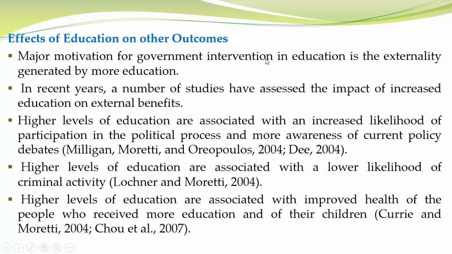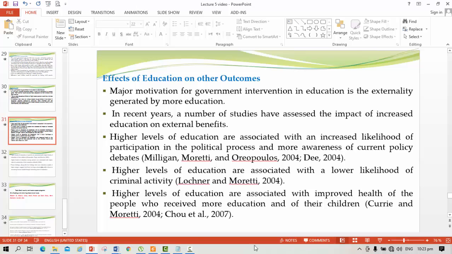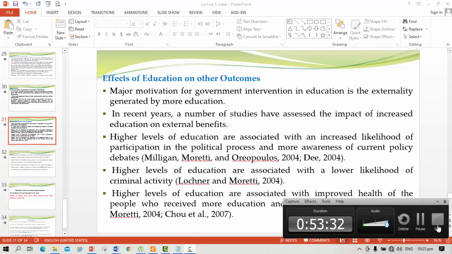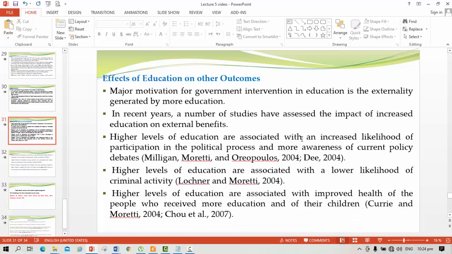Effects of education on other outcomes. A major motivation for government intervention in education is the externality generated by more education. In recent years, a number of studies have assessed the impact of increased education on external benefits.